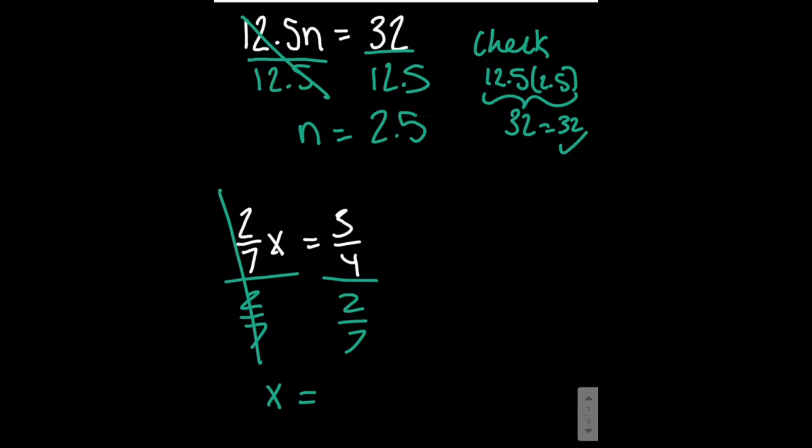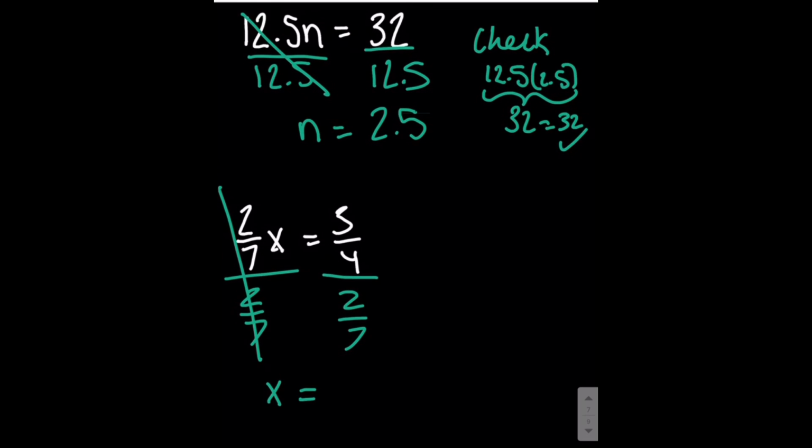So for this, if I'm dividing by a fraction, you can use KCFM. If you remember from the video where we had to divide fractions by fractions, we used this. So we'll set it up. So it's divide by 2/7. Remember, KCFM.